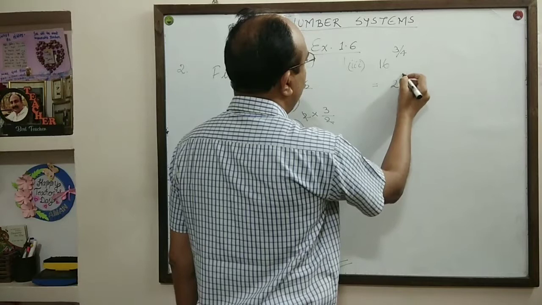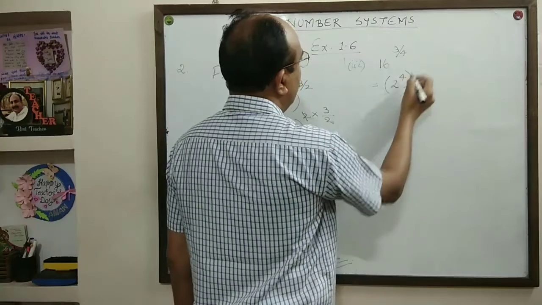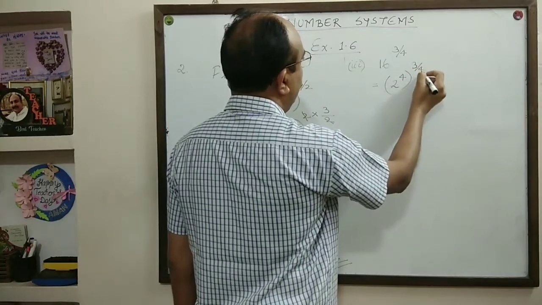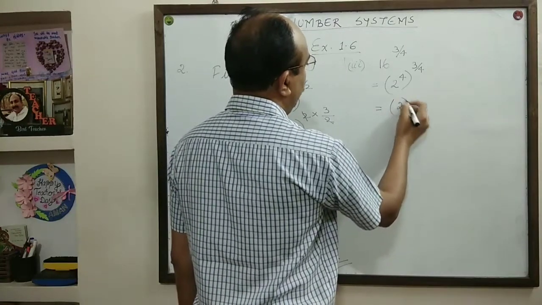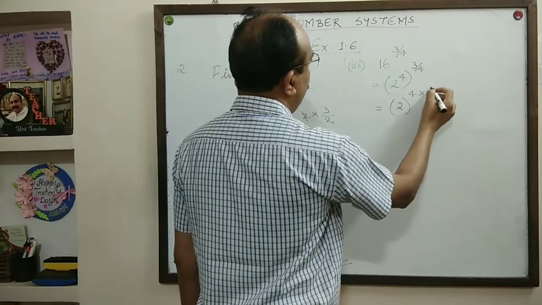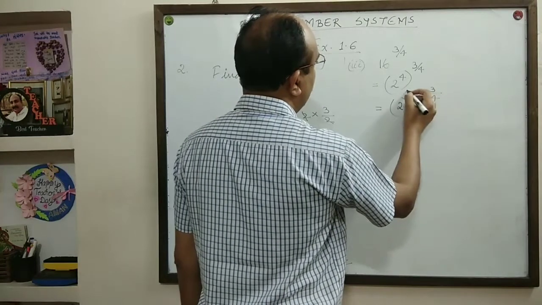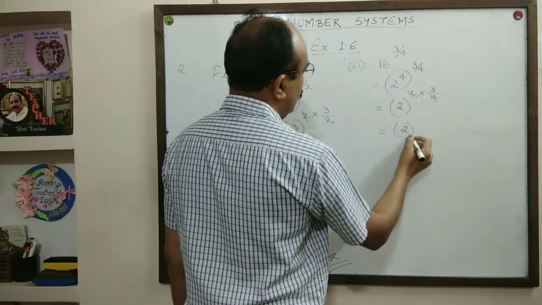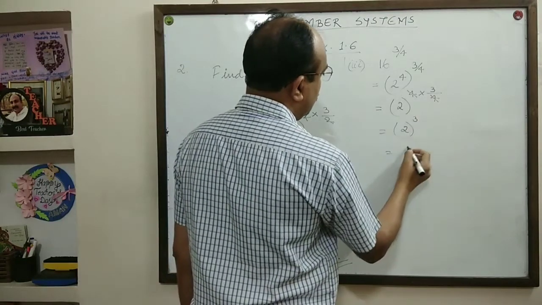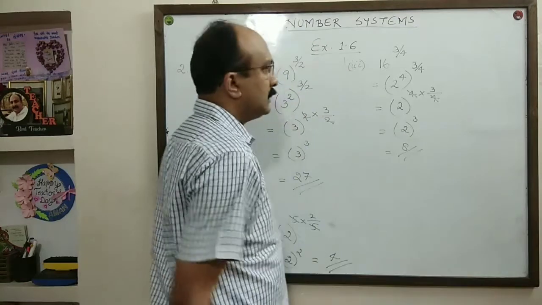So 2 power 4, the whole power 3 upon 4, is 2 power 4 into 3 upon 4. 4 and 4 got cancelled. It is 2 power 3, which is equal to 8.